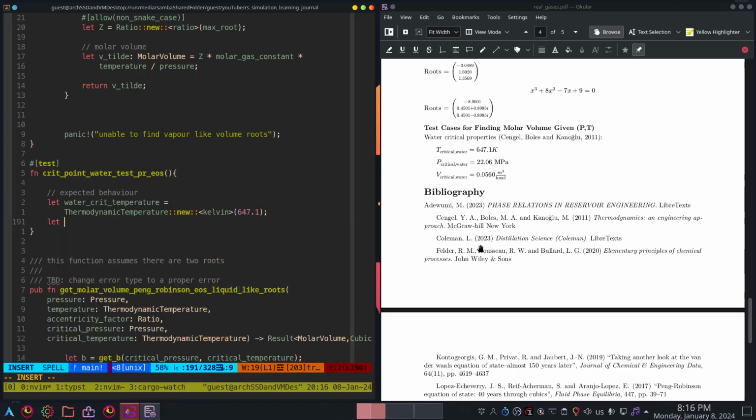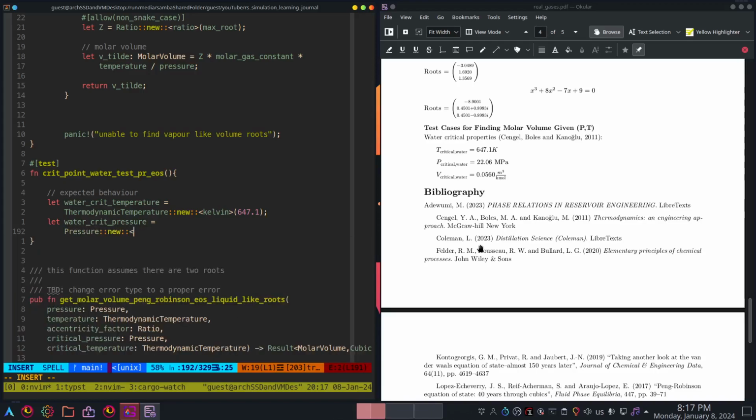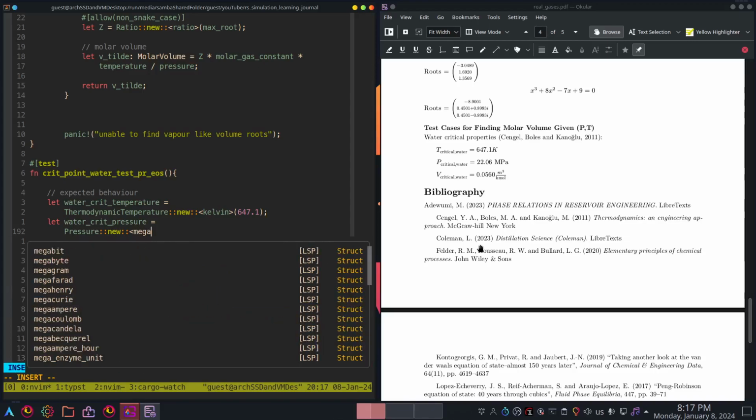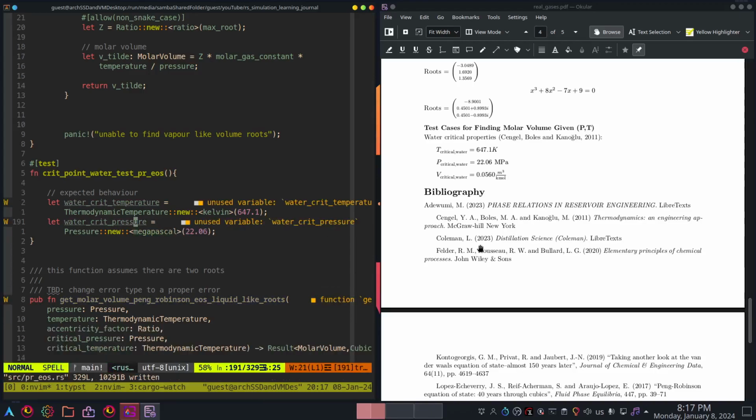Let water critical pressure equal pressure new, in megapascals, 22.06. I'm just going to use the units as such, and add this to the use line.